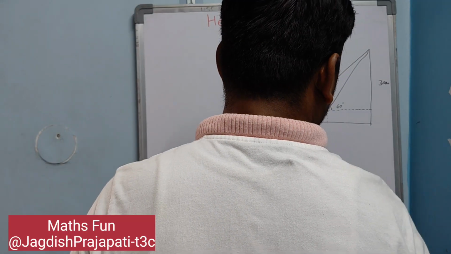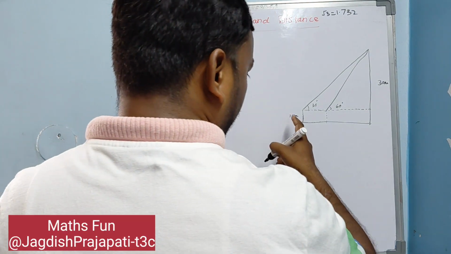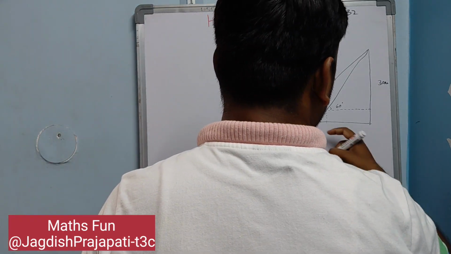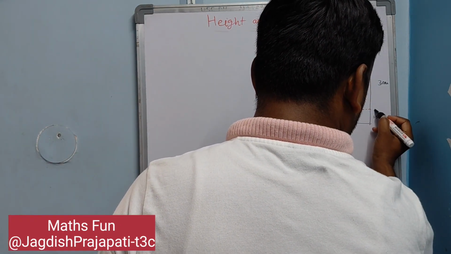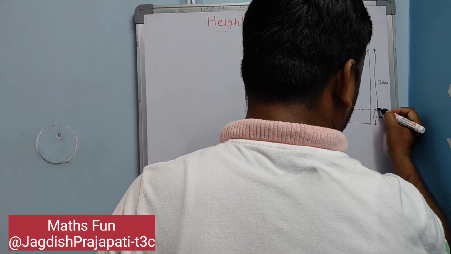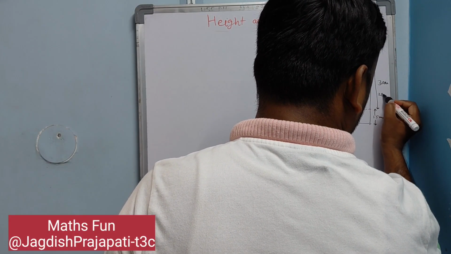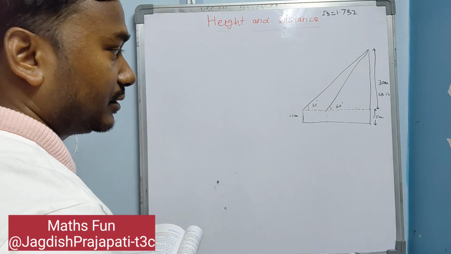This is 1.5 meter. Okay. So if this is 1.5 meter, this means this is also 1.5 meter till here. So the height till here will be 28.5 meter.